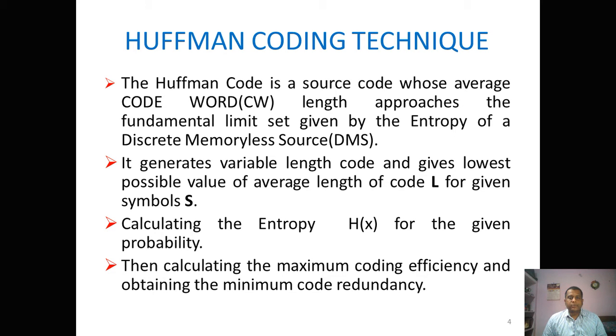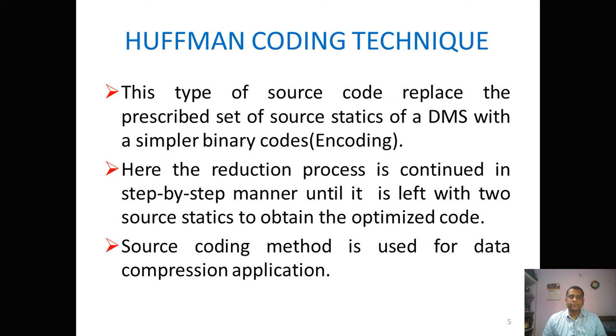Calculating the entropy H of X for the given probabilities, then calculating the maximum coding efficiency and obtaining the minimum code redundancy. This type of source code replaces the prescribed set of source statistics of a discrete memoryless source with simpler binary codes.